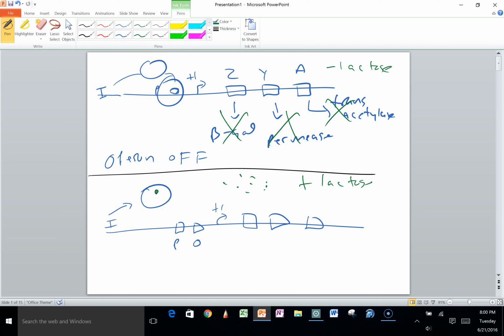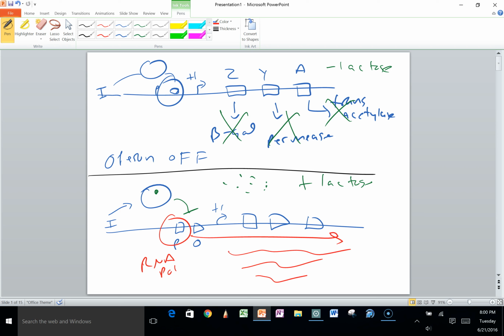Lactose binds onto the repressor, so it can't bind the operator. Then RNA polymerase can bind, transcribe the gene, and make all three of those proteins. First it makes the RNA and then it makes the proteins. All right, that's a quick review of the lac operon.